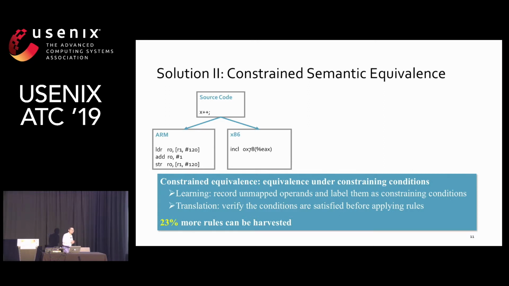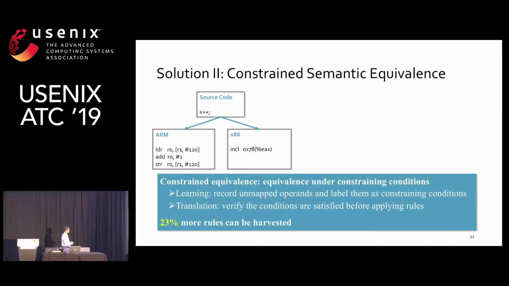For each learned translation rule, we record all unmapped guest and host registers as constraining conditions. At the translation stage, the constraining conditions are checked to ensure they are satisfied before the translation rule can be applied. Now let's see the previous example.